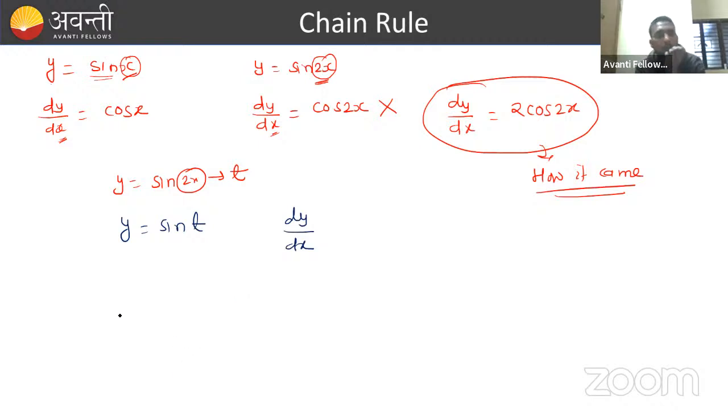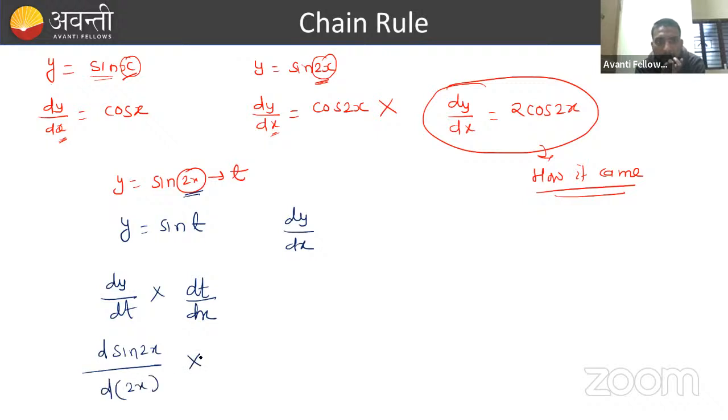So what can we do? We will apply it like this: dy by dt into dt by dx. Since we have considered t as 2x, in place of y I can write sine 2x, and in place of t we can write 2x.